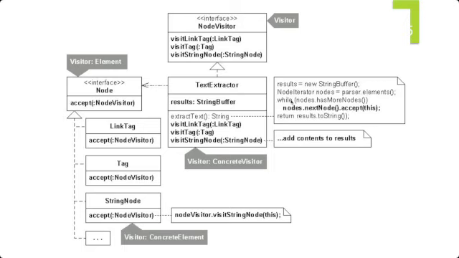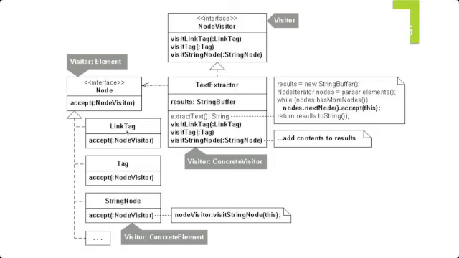Inside this while loop, I go through the list of my objects, and for every node I run the accept method. Every tag in my hierarchy has its own accept method, and inside this method the object, for example link tag, will call the method of my text extractor.